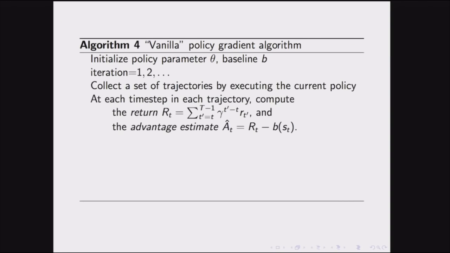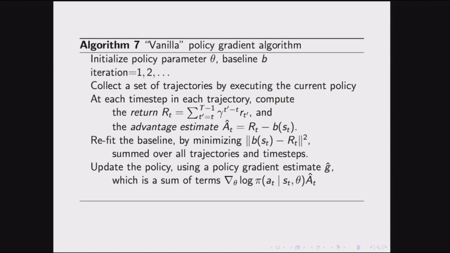So this is, algorithm 7. Here's what the algorithm looks like. It's pretty much what you'd expect. You initialize your policy parameter and your baseline function. For each iteration, you execute the current policy to get a bunch of whole episodes, meaning whole trajectories.